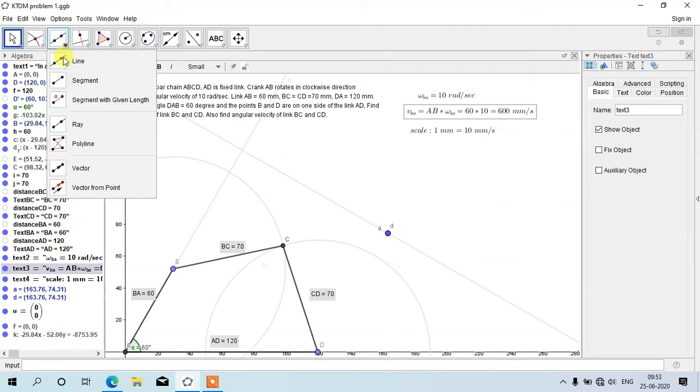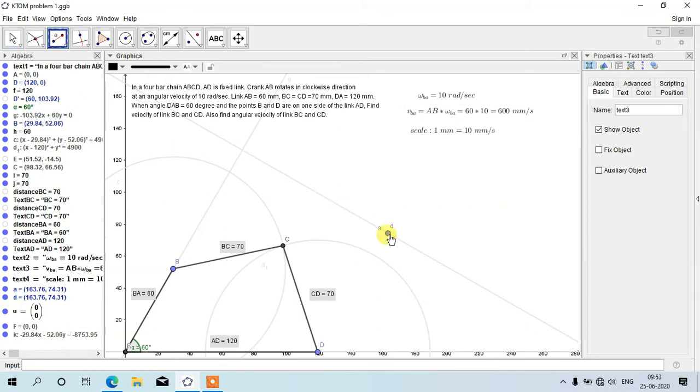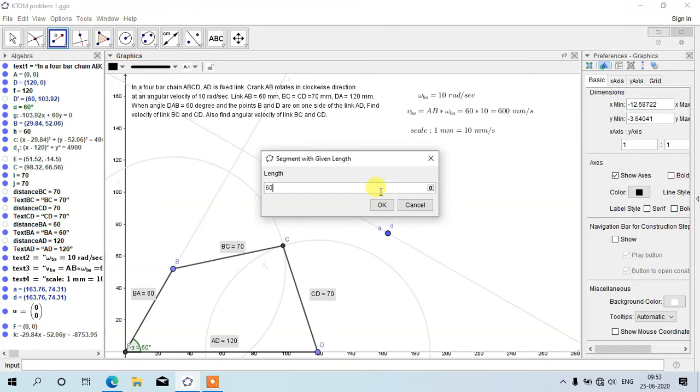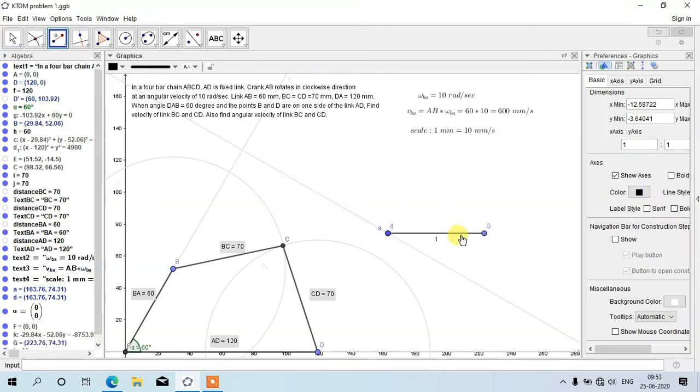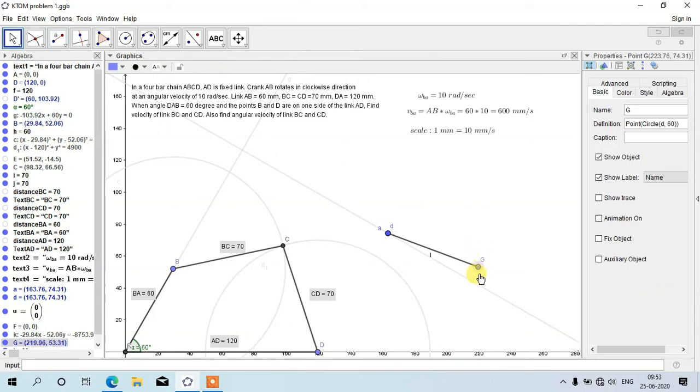So I will draw a line of 60 mm on this reference line. So this is the length of my vector, that is 60 mm.